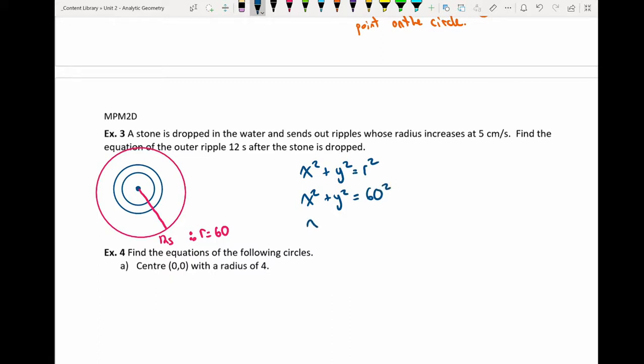And if I simplify this, x squared plus y squared equals 3600.